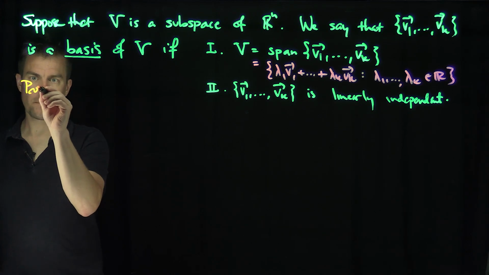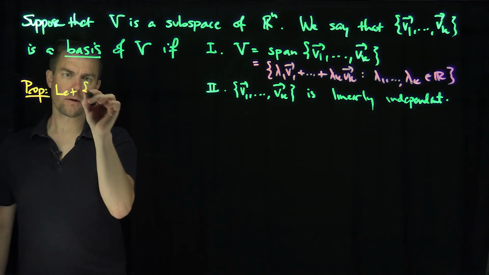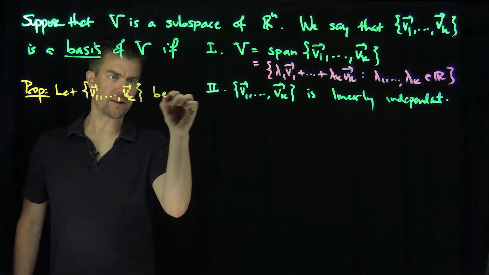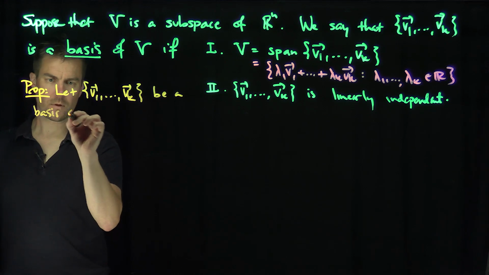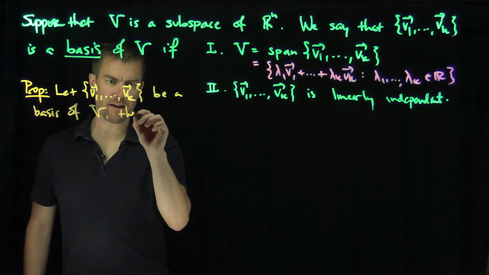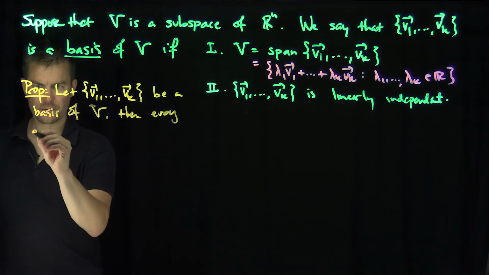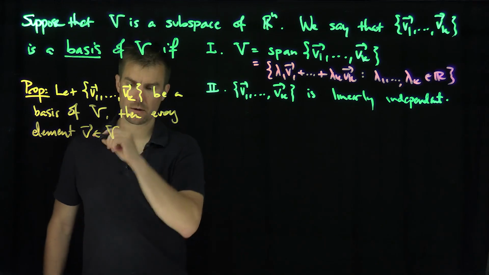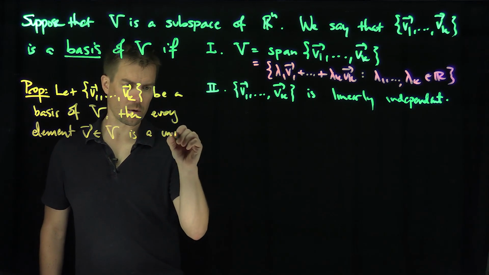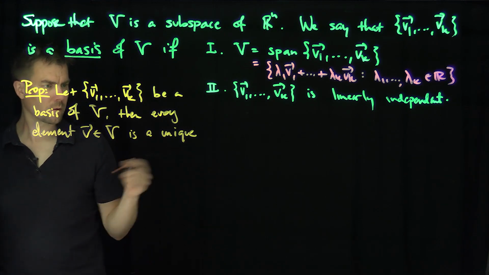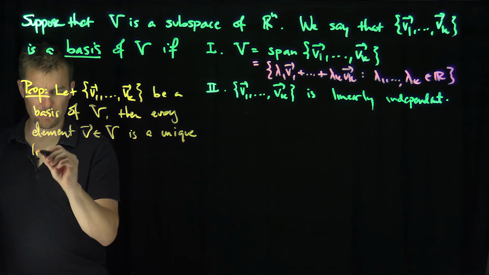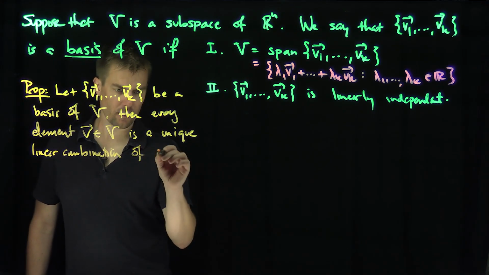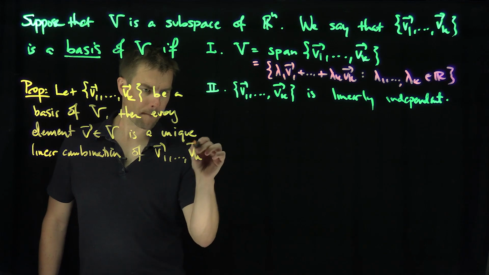So a proposition: let V1 through Vk be a basis of V, then every element V in capital V is a unique linear combination of V1 through Vk. Okay?